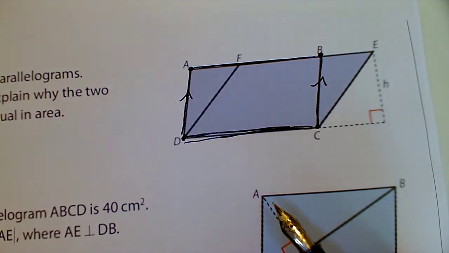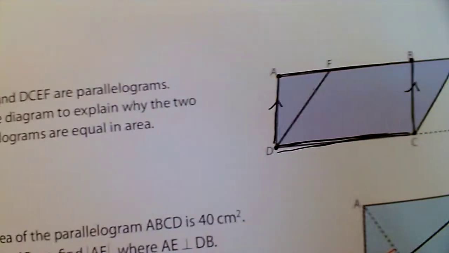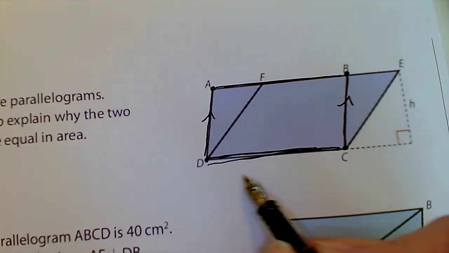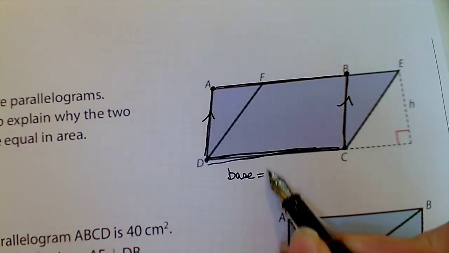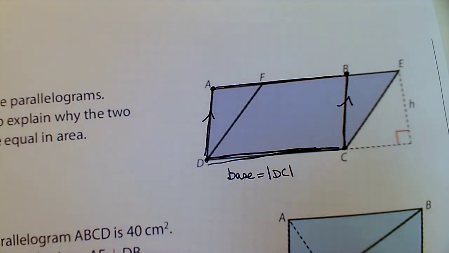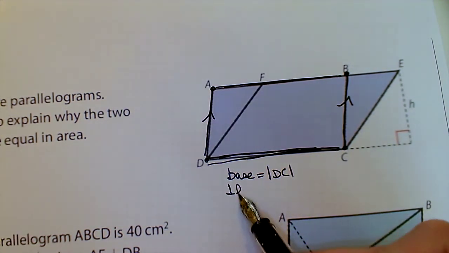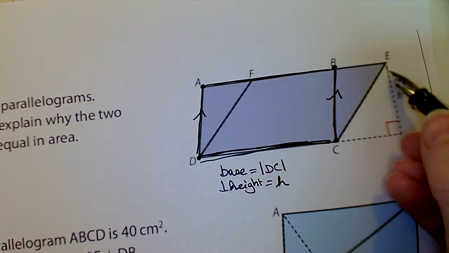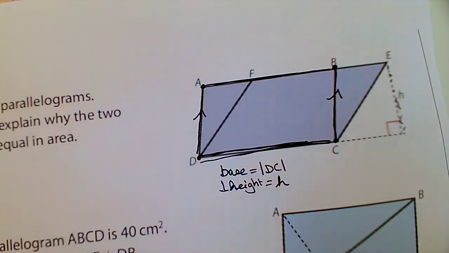They're going to be asking me, why are the two parallelograms equal in area? So before I do anything else, I'm going to note that the base of this parallelogram is the length DC, and its perpendicular height is the H that's marked in here.